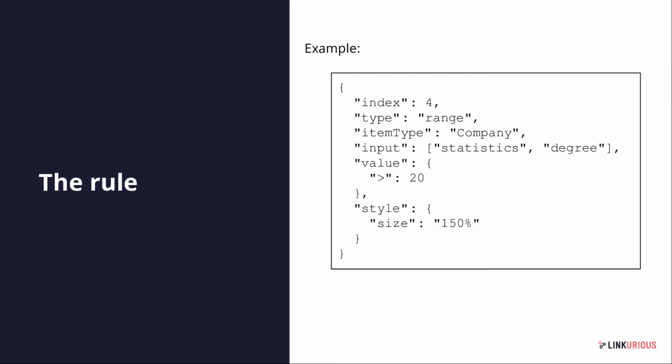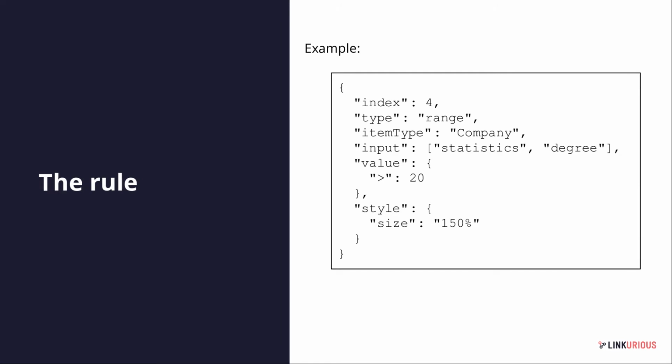And just to give you an example, you can see here a JSON object that is a styling rule for Linkurious Enterprise. We can start from the first attribute, that is the index. In this case, this will be the fourth rule to be applied in my visualization. We have the range type, so it means that we are going to compare the value of a property with something else.